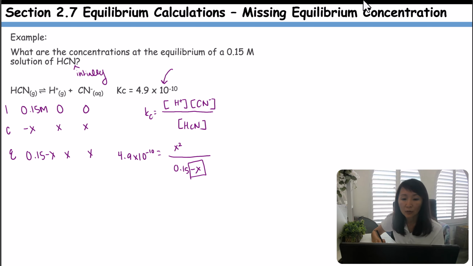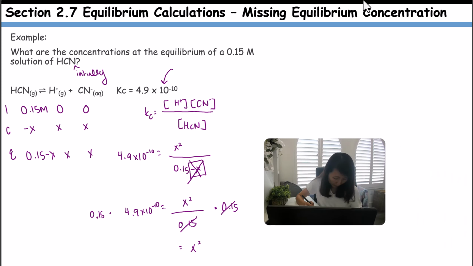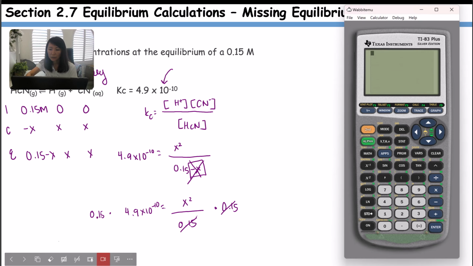So if we ignore this entirety, then we have x squared over 0.15 equals 4.9 times 10 to the negative 10. And then I'm going to multiply 0.15 on both sides. If I do this, then x squared is equal to whatever these two values multiplied are. So let's calculate this out. 0.15 times 4.9 times 10 to the negative 10.